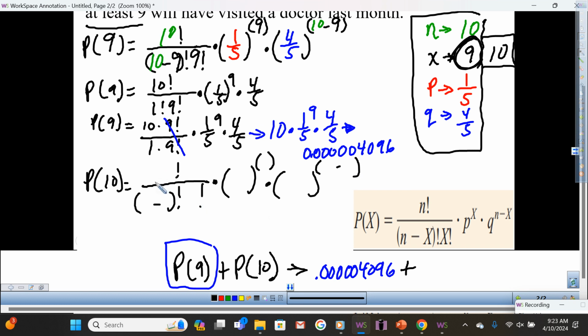So now it's 10 here, 10 here, 10 here, 10 here. N is 10, 1/5, 4/5.